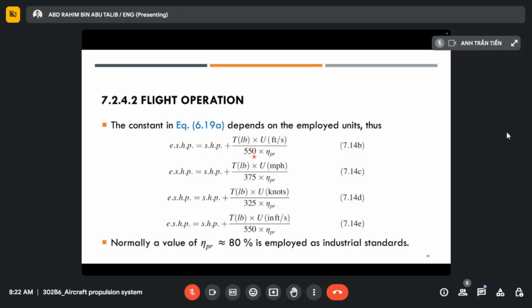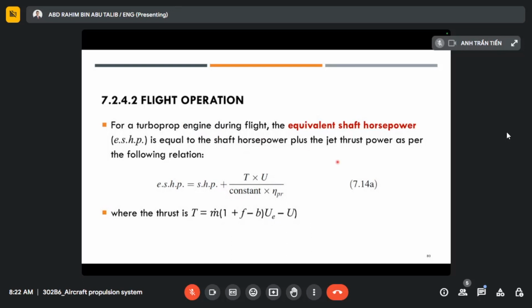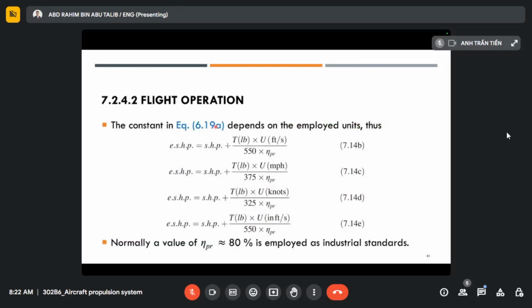So depending on the type of units, 714B, right? So this constant equation is actually not equation 619A, it is actually equation 714A, right? There's a mistake over here.